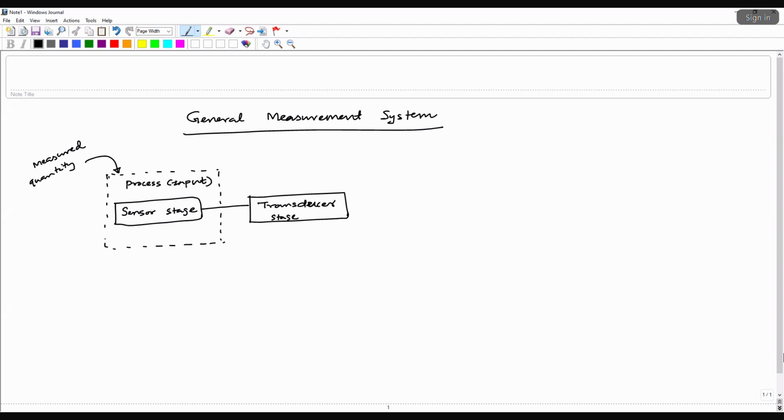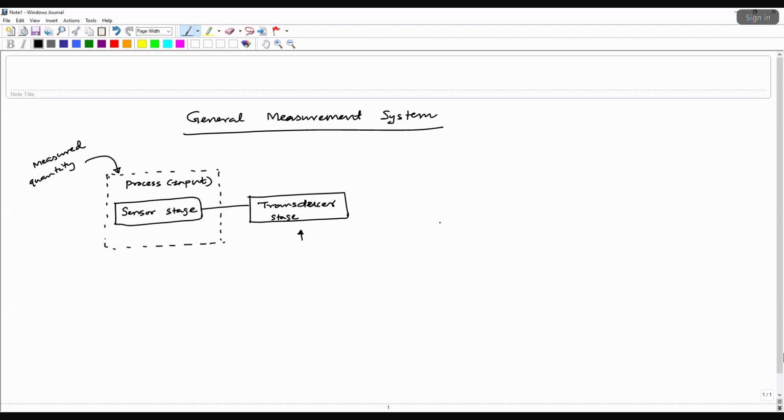It is based on an effect called the Seebeck effect. So basically, when you have a temperature difference across two dissimilar metals, you induce an EMF, right? And the consequence is some kind of a current. So your temperature difference is converted into an electrical signal. Okay, and that is done by the transducer stage.